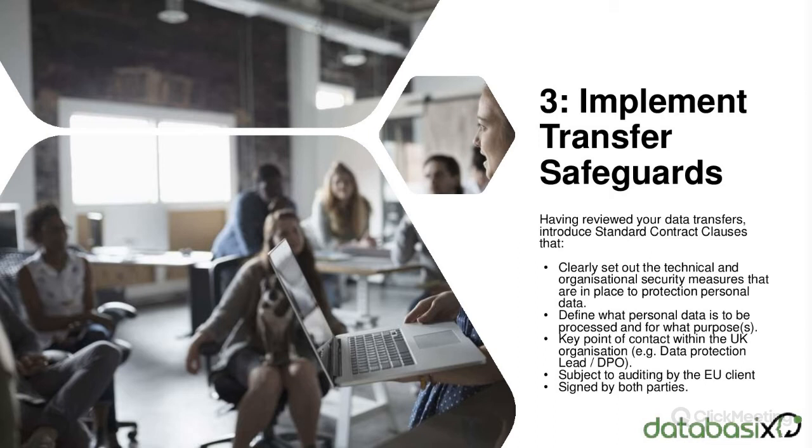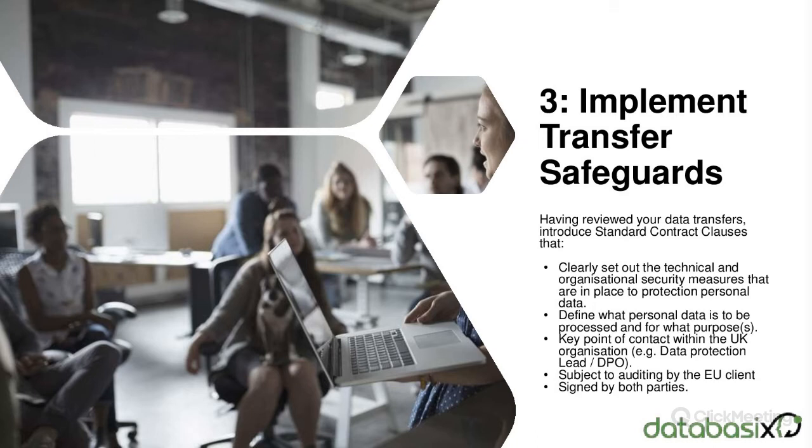So things like backup, what type of antivirus, how do you keep the data secure? How do you prevent external threats getting access to the system? What is the clear purposes that you're processing that data for? So are you a UK-based payroll provider where you are acting as a processor on behalf of European clients?